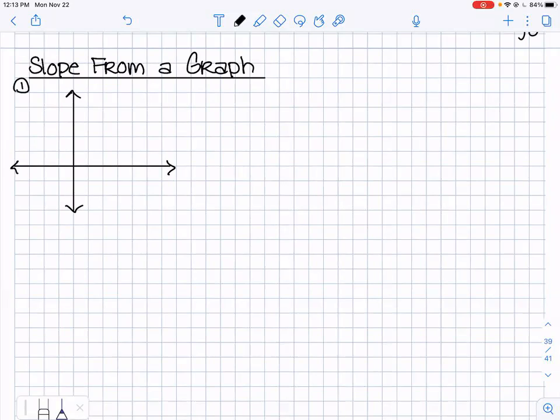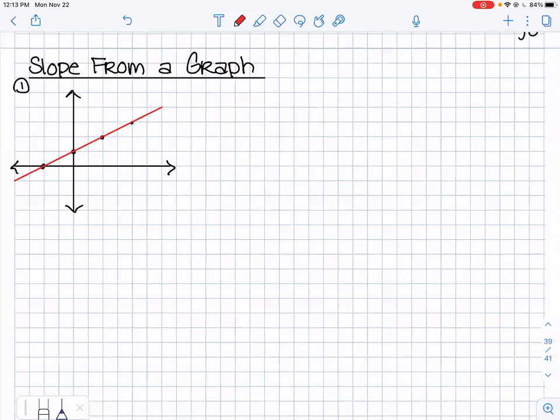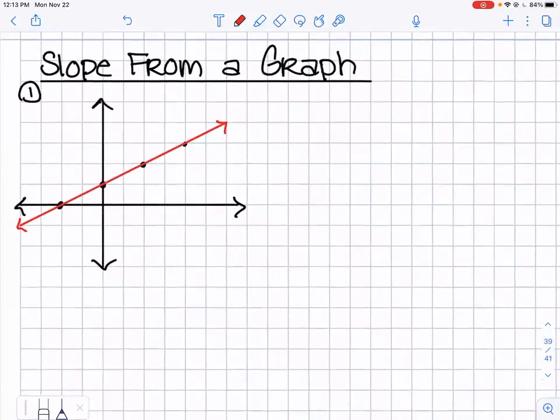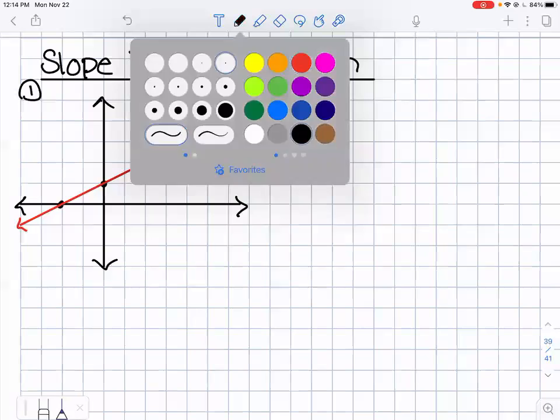Okay, so we've got a point at -2, 0. We've got a point at 0, 1. And a point at 2, 2. And a point at 4, 3. If you want to just try and follow along, that's fine.